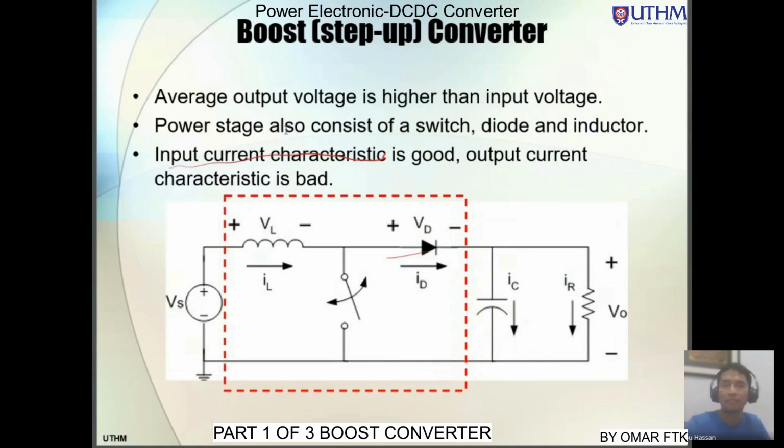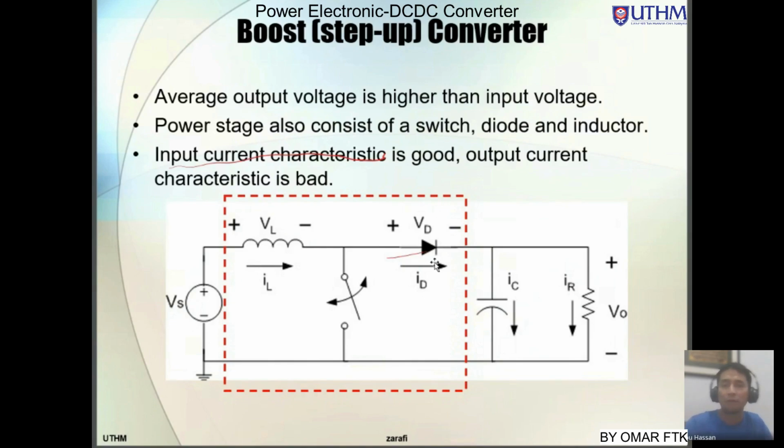The power stage also contains the same components as a buck converter: an inductor, a switch, and a diode. The difference between buck and boost is that in the buck, we put the switch here, the diode over here, and the inductor here.